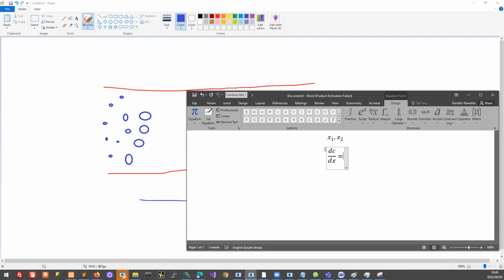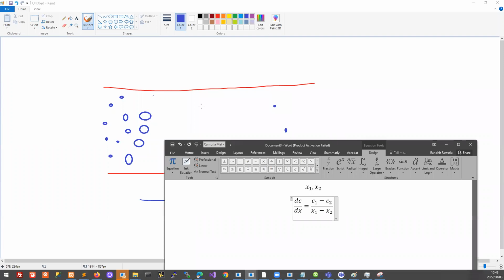That is approximately C1 minus C2 over, of course, X1 minus X2. And so if we look at that, you can see that this is going to be negative, right?